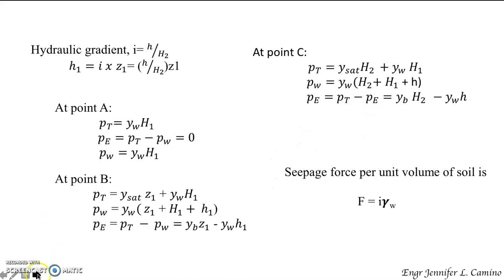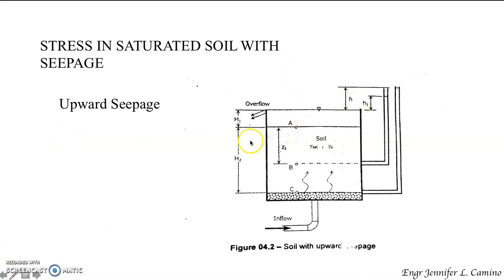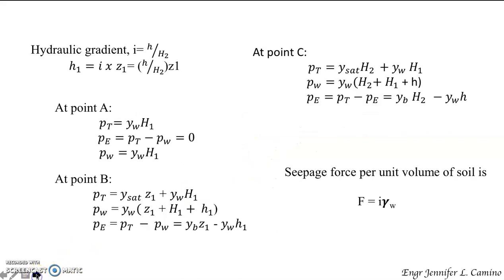So we have to identify our hydraulic gradient, which is equal to the head over the length of the soil sample. For this one, our head is small letter h, the length of the soil sample is H2, so the gradient is h over H2.